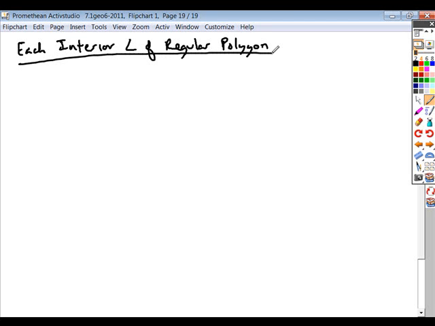Right, so when you're looking at these regular polygons, once again, we've already discussed the equilateral triangle and the square. What is the sum of the interior angles in a triangle? 180, right? And in a square it was 360.